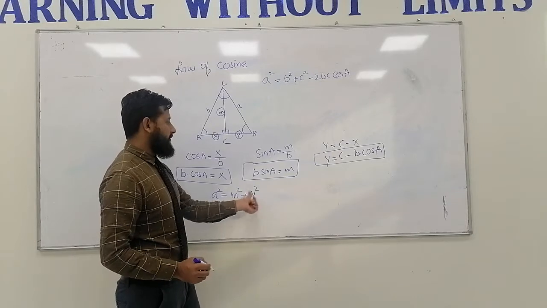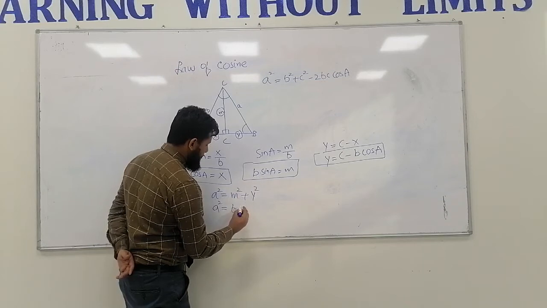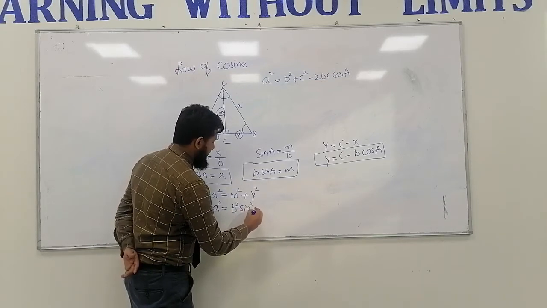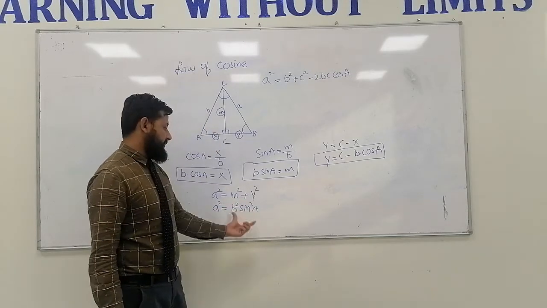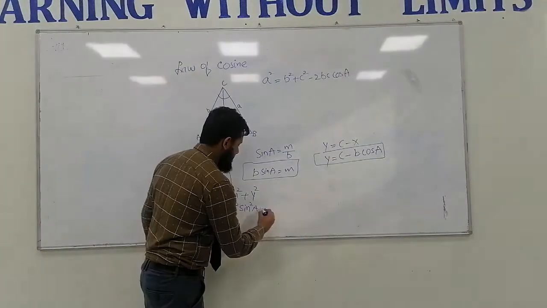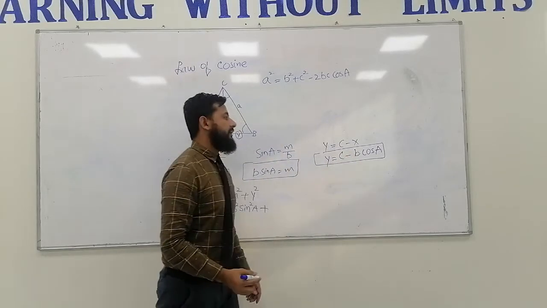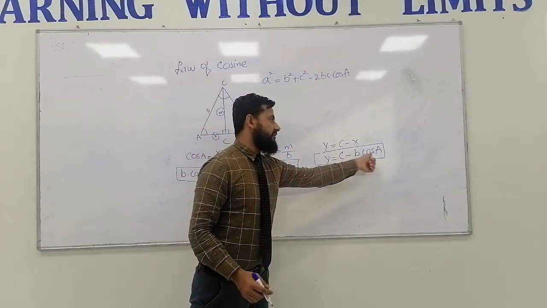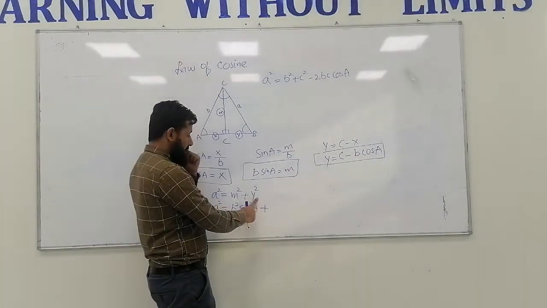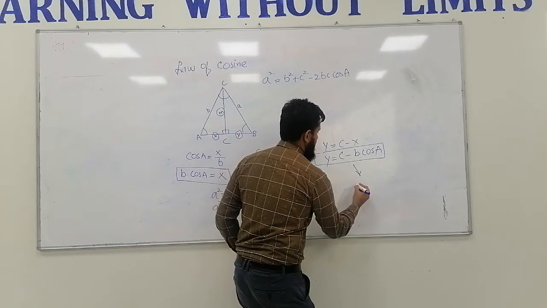Instead of M, I write b sine A. Let's take the square of both. So M squared is replaced by b squared sine square A, plus Y squared, which is replaced by c minus b cos A, and here I need to take the square.